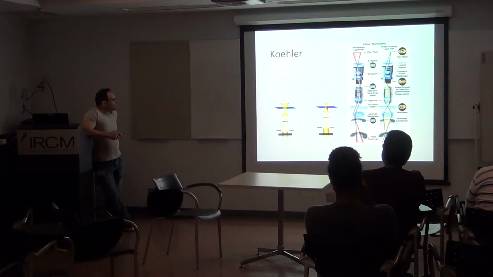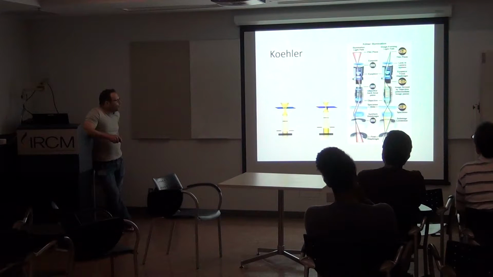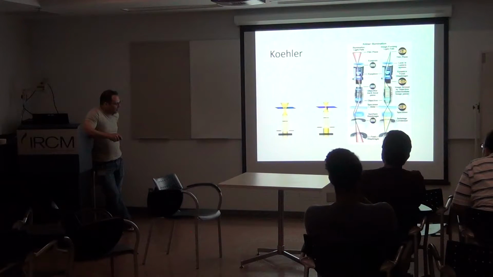Kohler illumination. So it's just a way to bring the light onto your specimen and focus it at a certain position and make sure that it focuses at the same position as where your objective focuses. Okay?